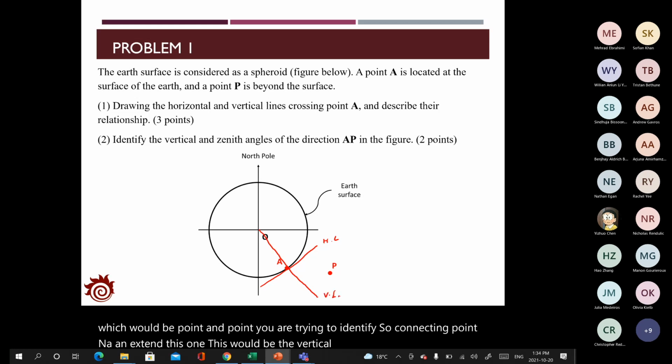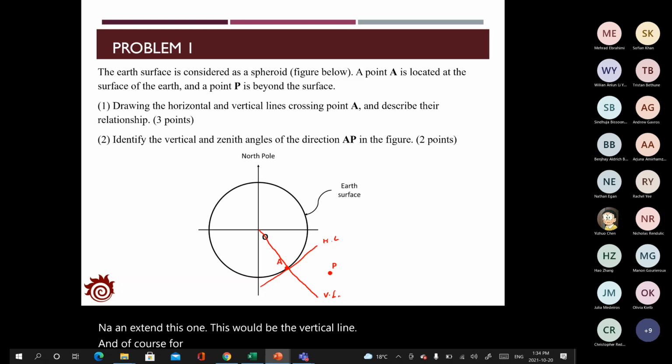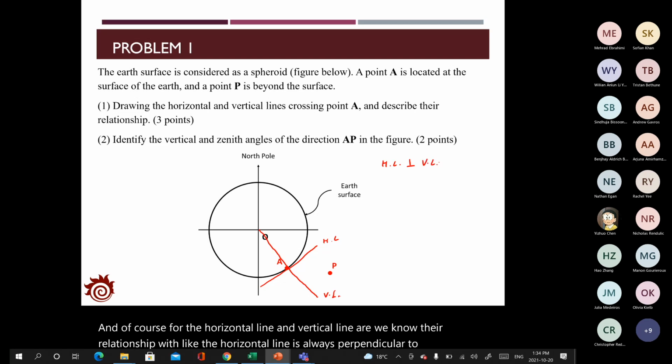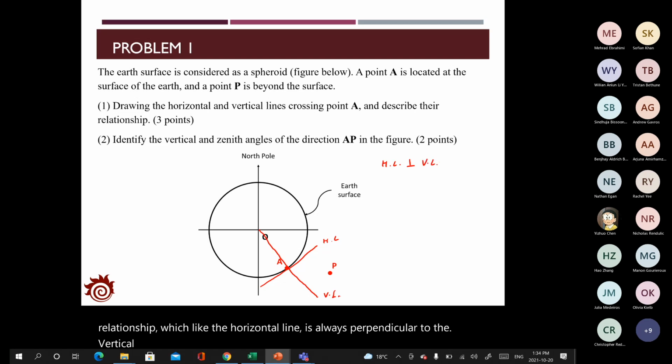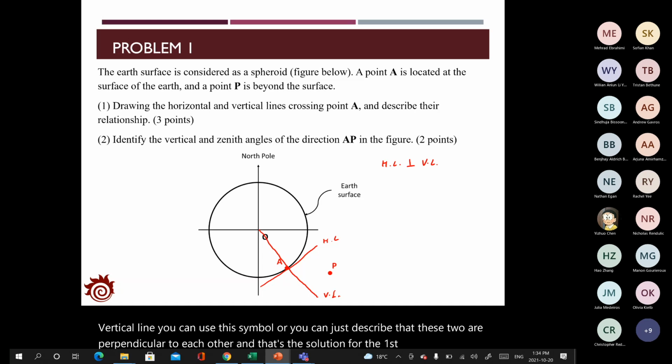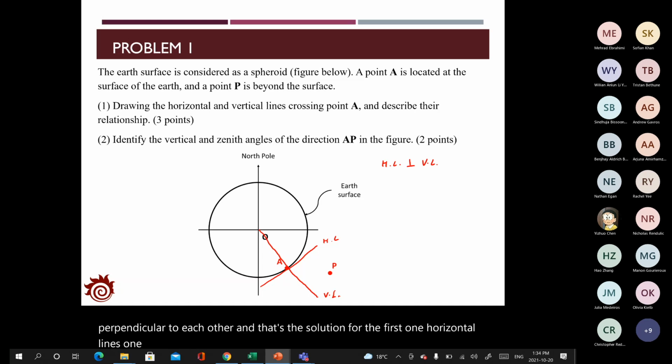And of course, we know the horizontal line is always perpendicular to the vertical line. You can use this symbol, or you can just describe that these two are perpendicular to each other. And that's the solution for the first one. Horizontal line is one point, vertical line another point, and the relationship, the third point.